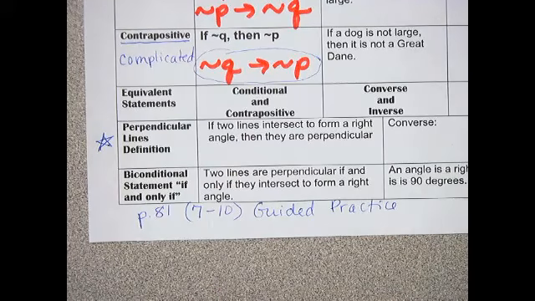But on page 81, can you guys please do at the bottom 7 through 10 in the guided practice? And that will be it. I know this probably felt a lot like an English lesson. We'll spend a lot more time talking in class, and I will see you tomorrow.